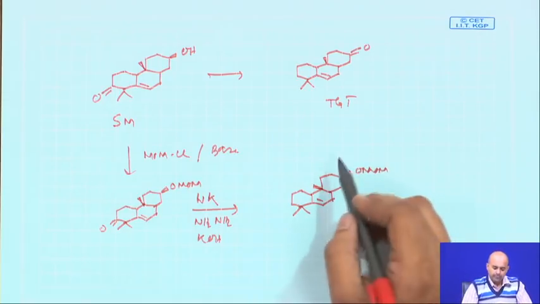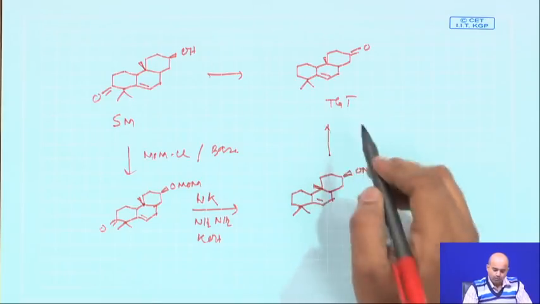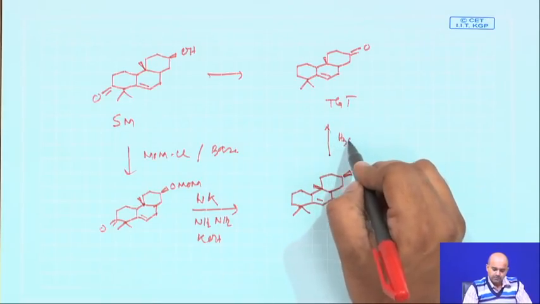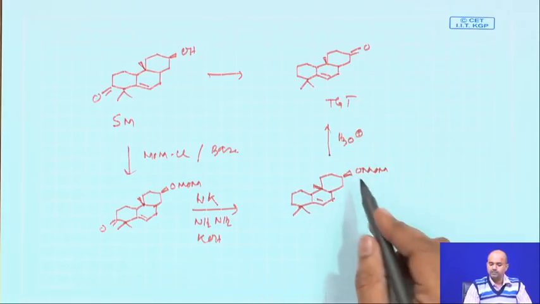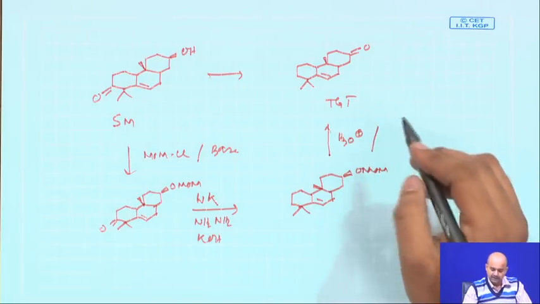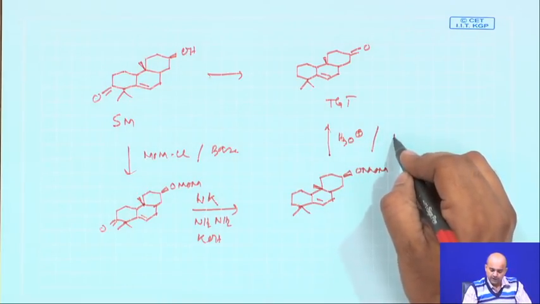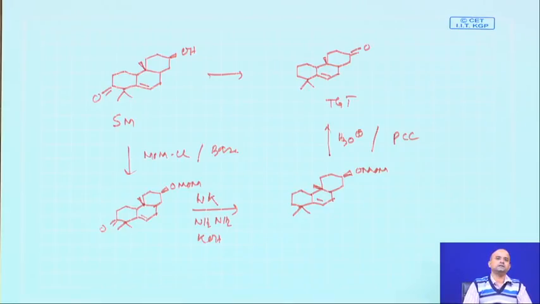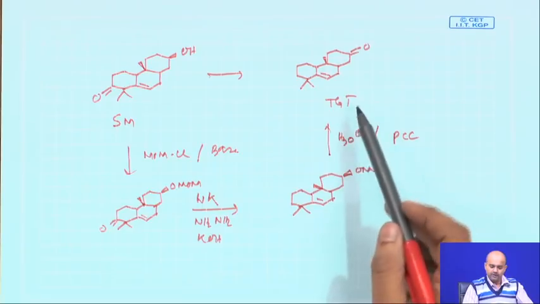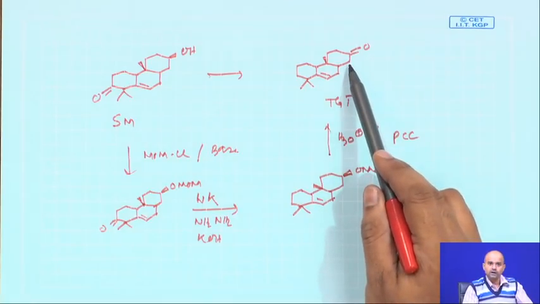Now, what you need to do is remove this MOM group, which can be clipped by a simple acidic workup, and then you oxidize it with a suitable oxidizing agent like pyridinium chlorochromate, and you will end up with this particular target molecule which was desired.